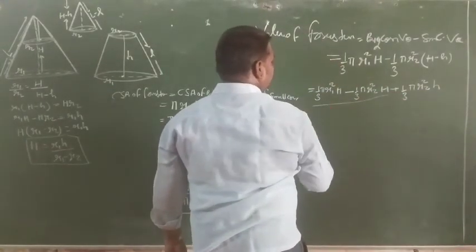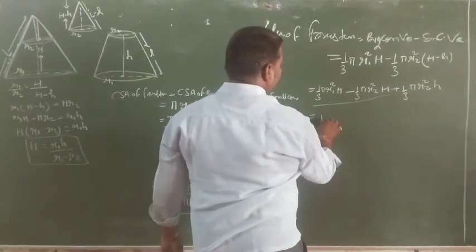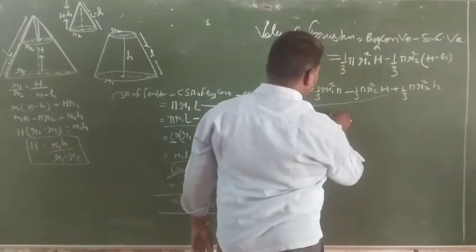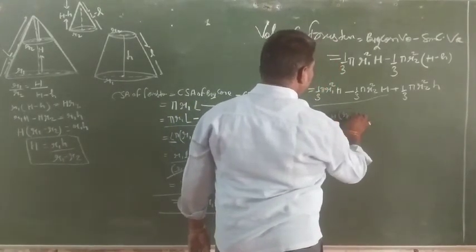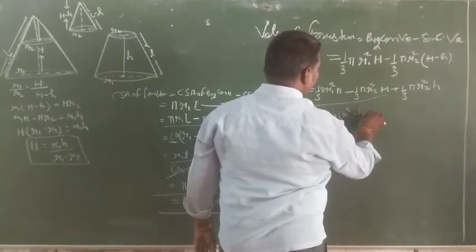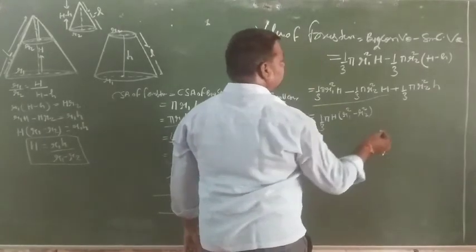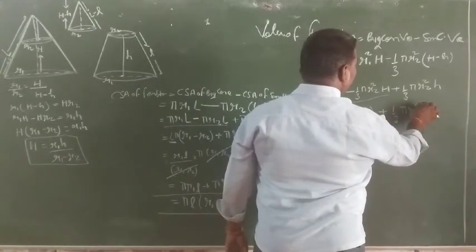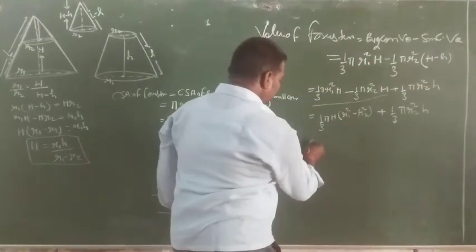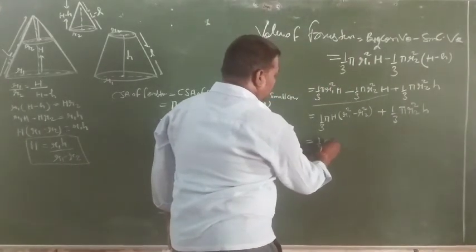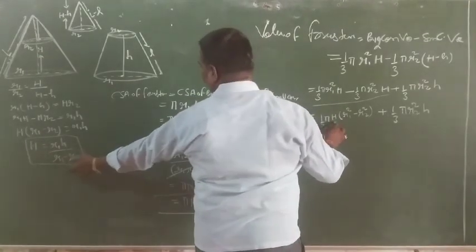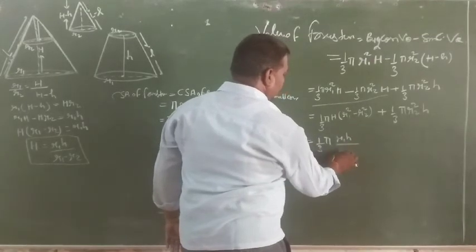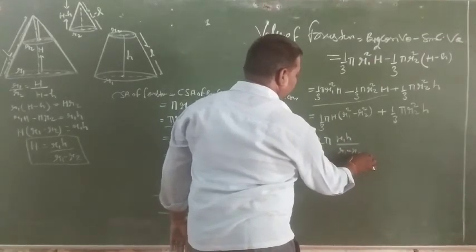According to both steps, we take common 1 upon 3 pi and capital H. Remaining is R1 square minus R2 square, plus 1 upon 3 pi R2 square and small h. Next we put in the value of capital H, which is R1 small h upon R1 minus R2.